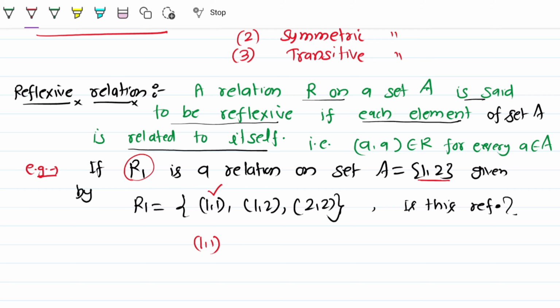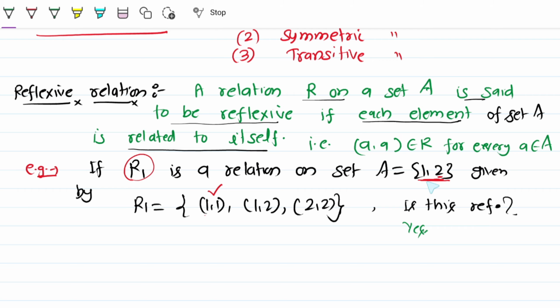It is already there. Now we have to see if 2 is also self related. It means (2, 2) has to be in R1, then only it will be reflexive, and it must hold for all the elements in set A. Here in set A we have only 2 elements, so (1, 1) and (2, 2) are in R1. It implies that it is reflexive. So yes, it is a reflexive relation.